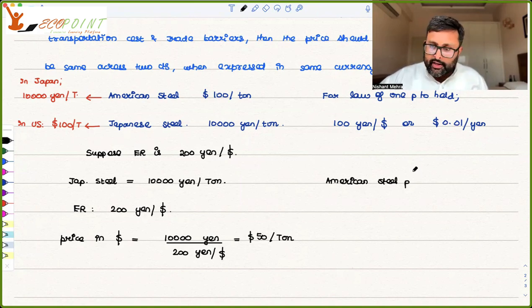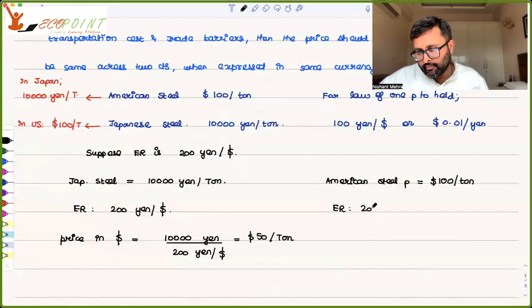What is the price of the American steel? $100 per ton. What is the exchange rate? 200 yen per dollar. What is the price in yen?